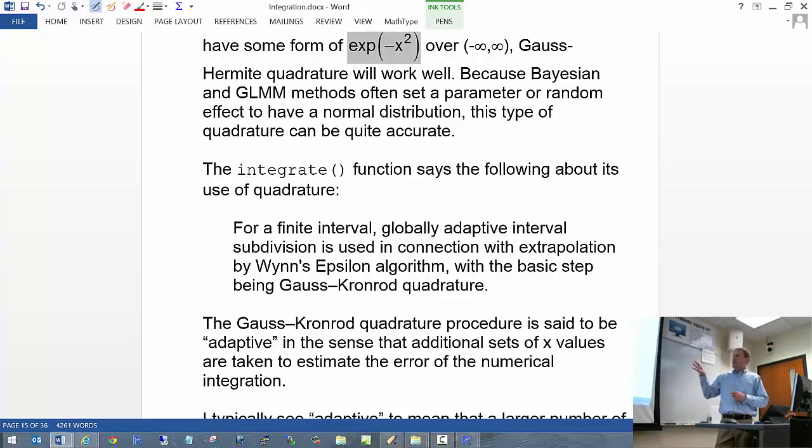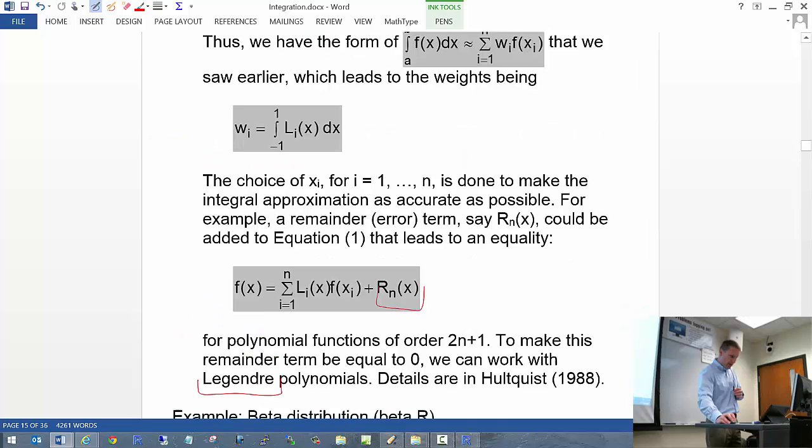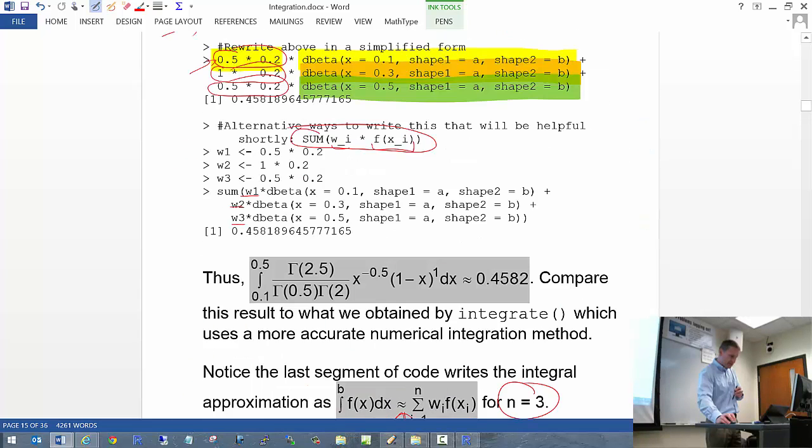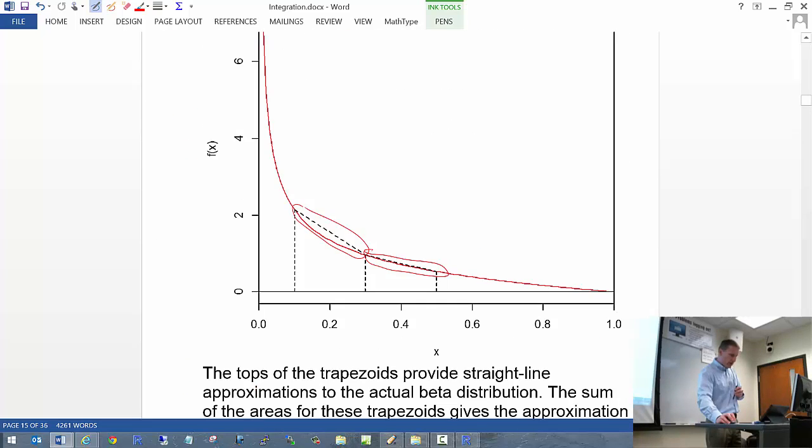Also, I often see the word adaptive used with Gaussian quadrature to mean something in addition. I think this is also what integrate is doing. Let me go back to my plot here. Let's say we were just using a straight line approximation here. You can see that obviously here, it doesn't do as good of a job as here.